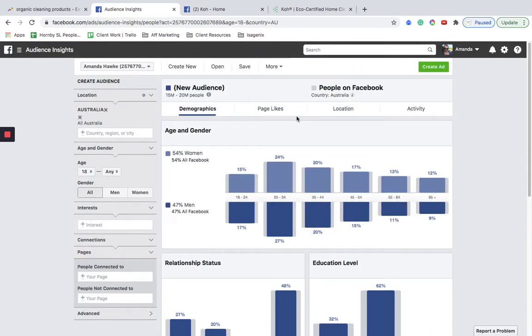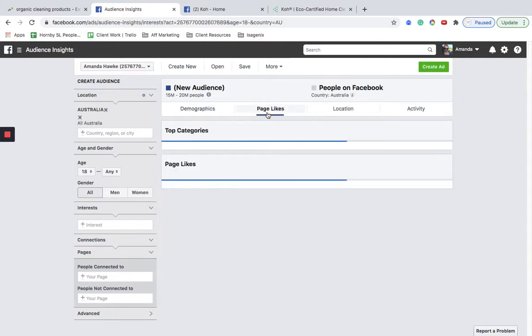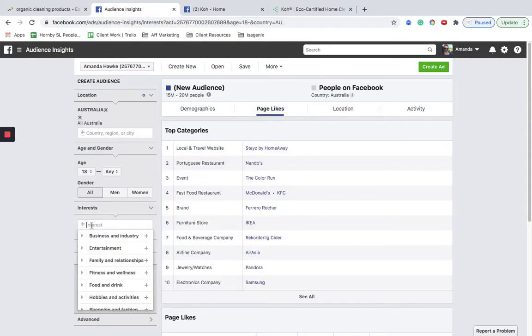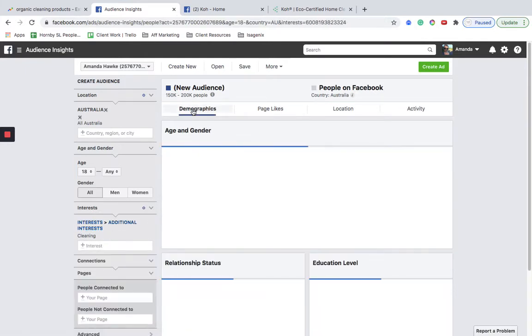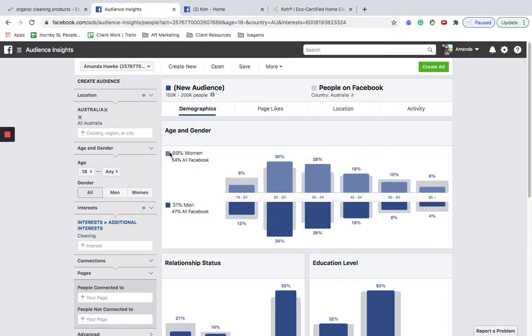But where it suddenly gets really interesting is under page likes. So if we put cleaning as an interest, what you'll see here is suddenly the demographics have changed. So the women, 69% of women have an interest with cleaning, and it's got an audience size of about 150 to 200,000 worth of people.